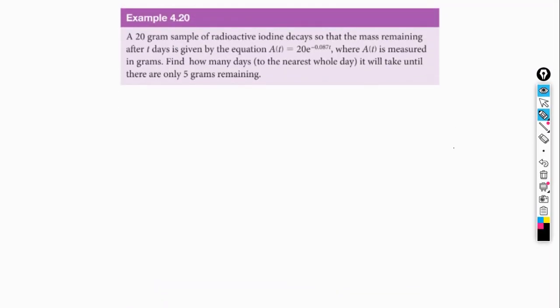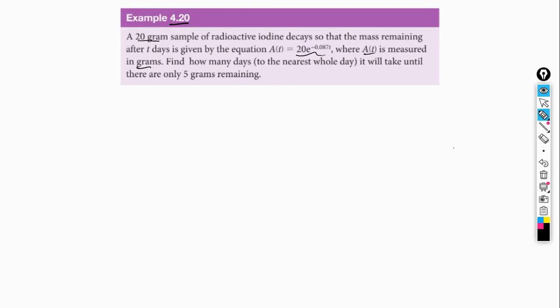Now let's take a look at example 4.20. And it says a 20-gram sample of radioactive iodine decays so that the mass remaining after t days is given by the equation A of t equals 20 times e to the power of negative 0.087t, where A of t is measured in grams.